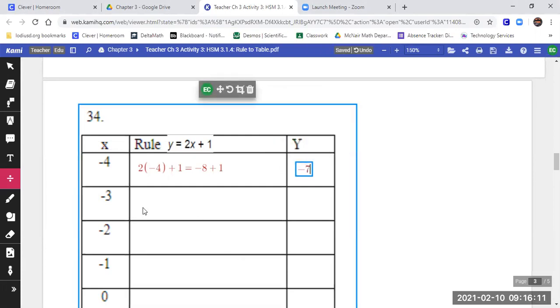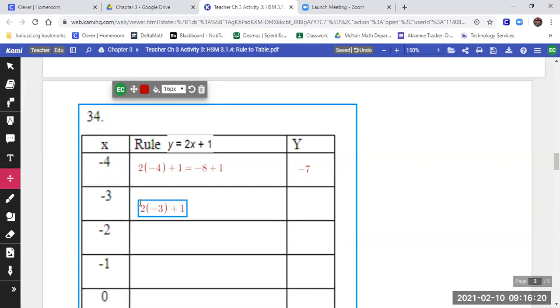Okay, so now we're going to do it again for the negative 3. So 2 times negative 3 plus 1. So what's 2 times negative 3? Two times negative 1?